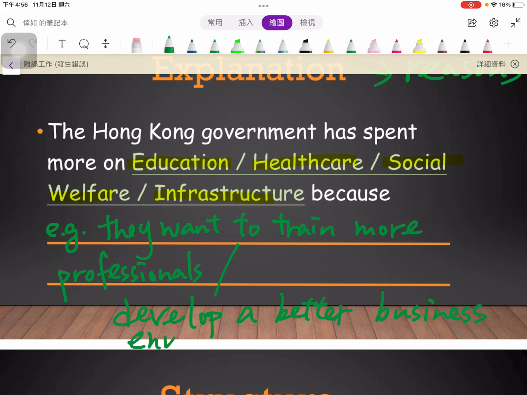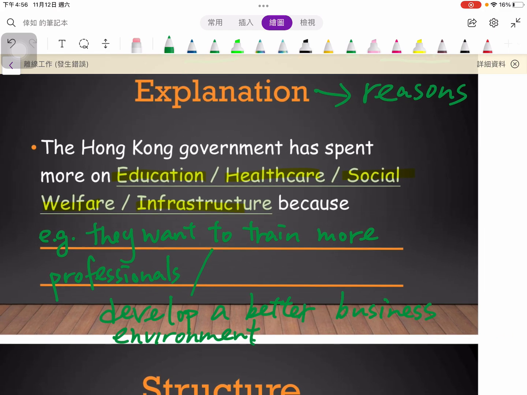This is knowledge you can find in your social study lesson. You have learned it from your social study lesson, so you may use it and put it in the third step.